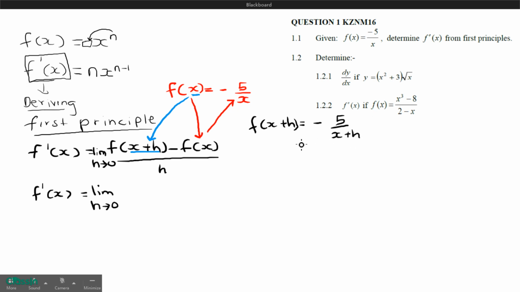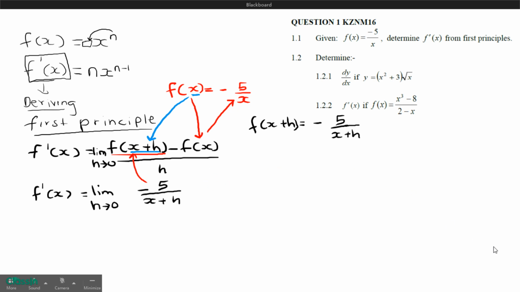So it means that in place of f of x plus h, we are now going to substitute negative 5 divided by x plus h. So we're going to write it here, minus 5 over x plus h. So this minus 5 over x plus h represents the whole f of x plus h.